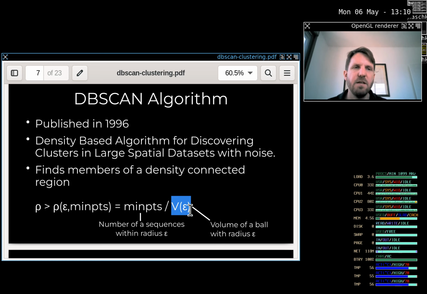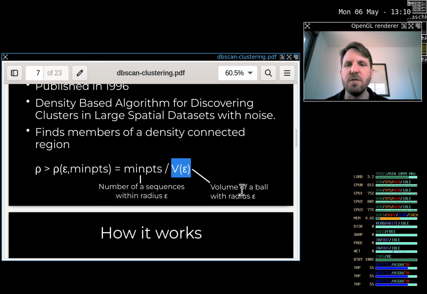Then we will see how this algorithm extends the cluster, because we don't just want to look in one volume. Basically we want to find clouds that match this density, given by points in a volume, and that are connected, so density connected clouds.